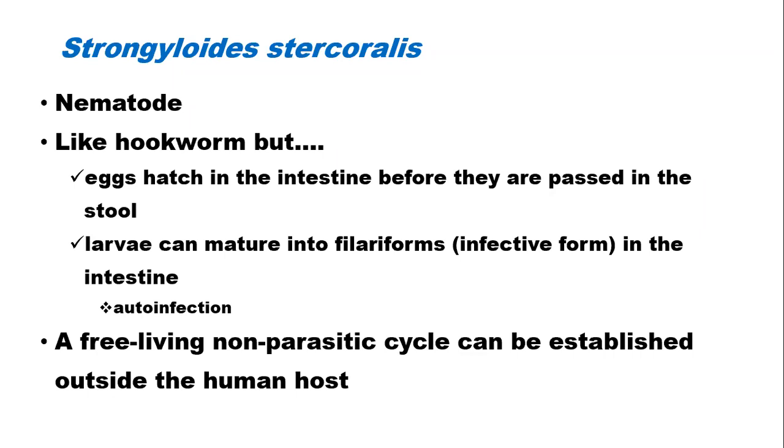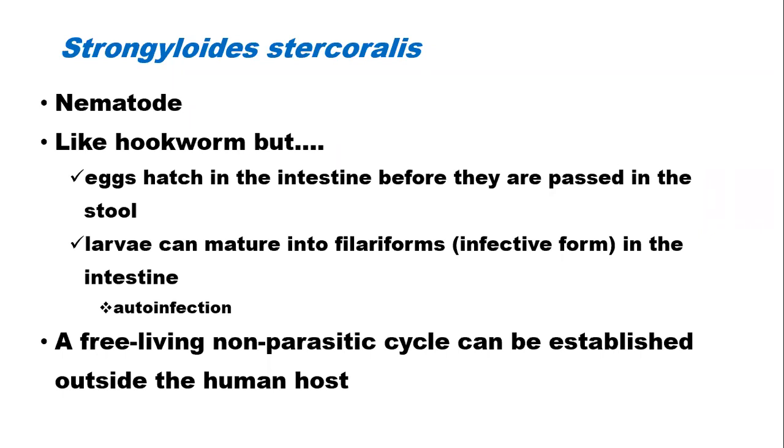They have distinct characteristics. So Strongyloides stercoralis is a nematode, which is telling you that this is a roundworm. So being a roundworm, if you recall from your POD lectures, it means that it has a complete digestive tract. So there's a mouth part and there's an anus, and this organism can actually feed.